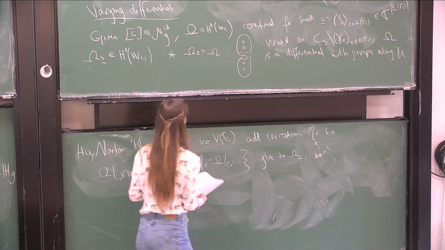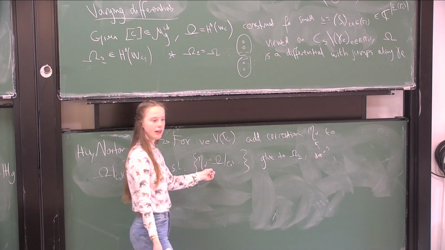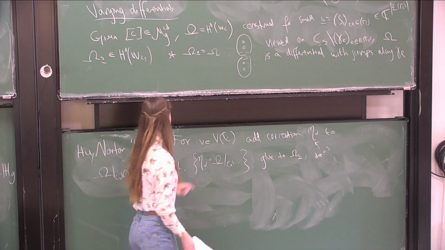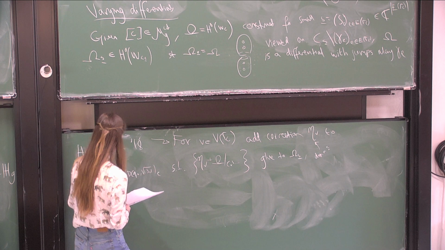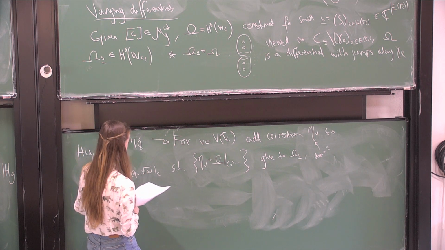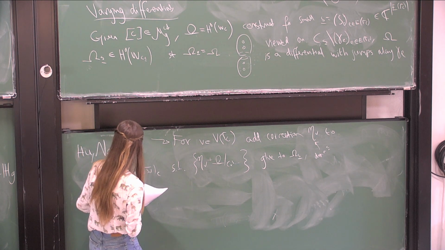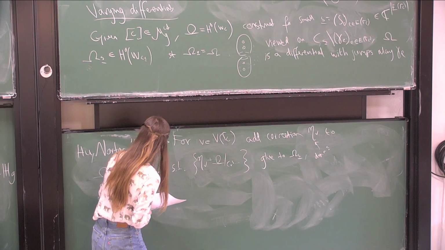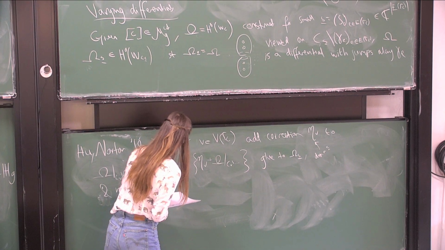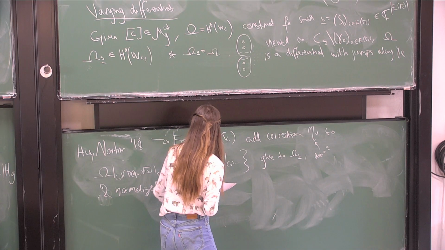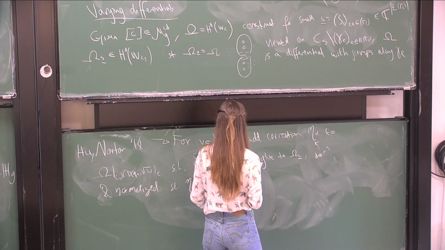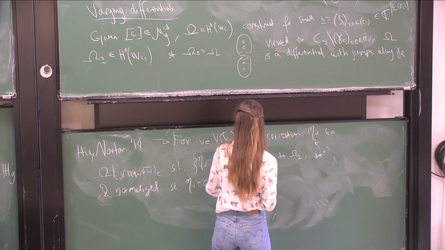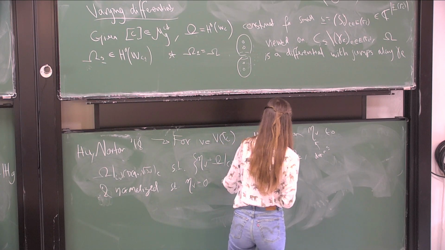And moreover, they should be normalized so that the things you add vanish when you set s equal to 0. And the precise normalization they use is using a symplectic basis. So they're normalized such that eta vanishes at s equals 0.